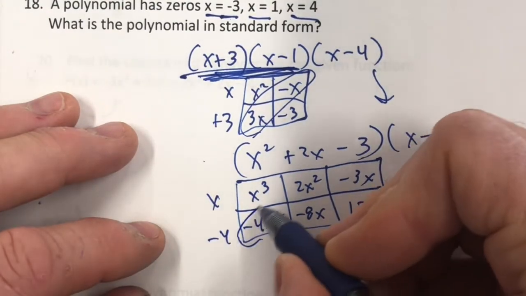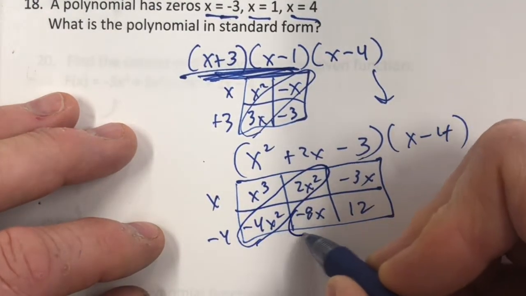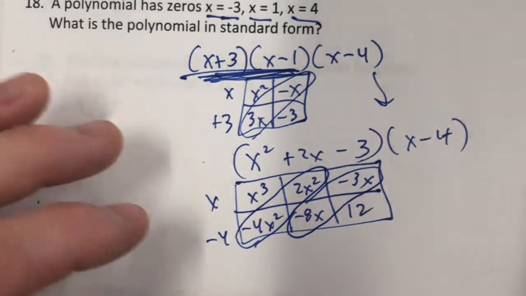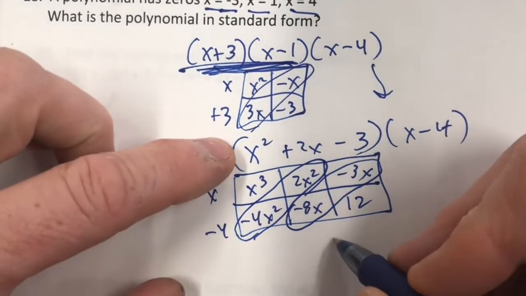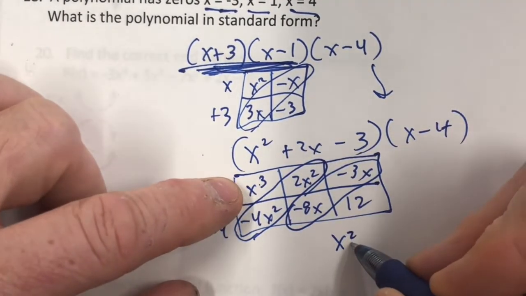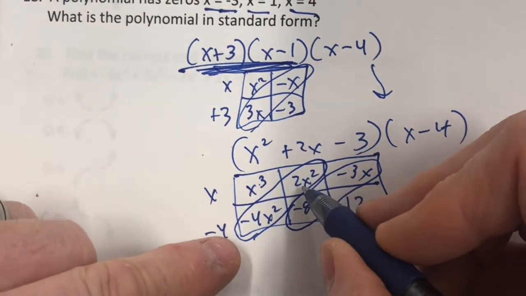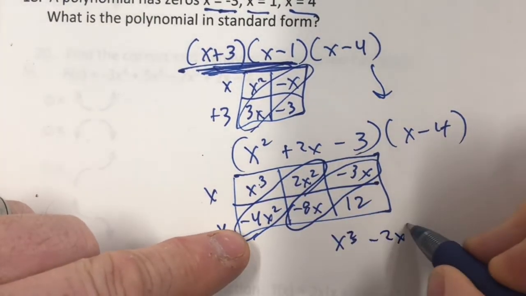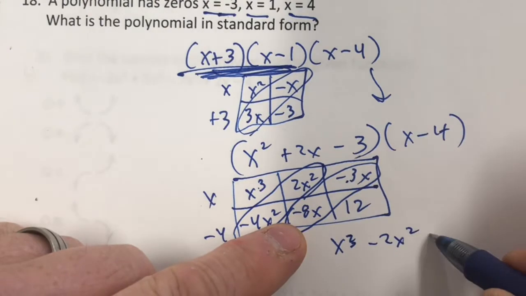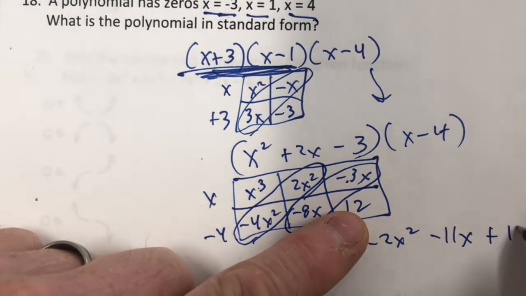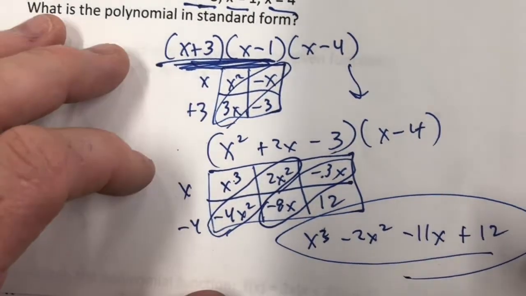But now these are like terms here, and those 2 are like terms. That's usually how they go, diagonally like that. So this is going to be x to the third. Right here, 2 plus negative 4 is negative 2x squared. Negative 3 plus negative 8 is negative 11x. And then I got a plus 12. There's my answer right there.